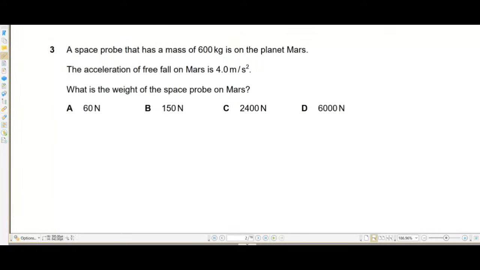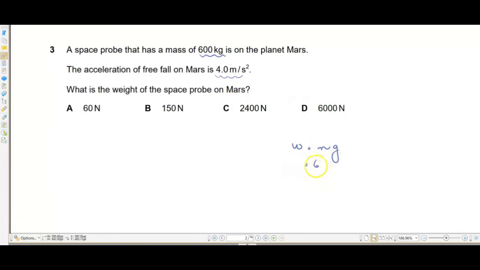Question number 3. A space probe has a mass of 600 kgs, is on planet Mars. The acceleration of free fall on Mars is 4 meters per second square. What is the weight of the space probe on Mars? We can connect all these quantities with the help of a formula, W is equal to mg.